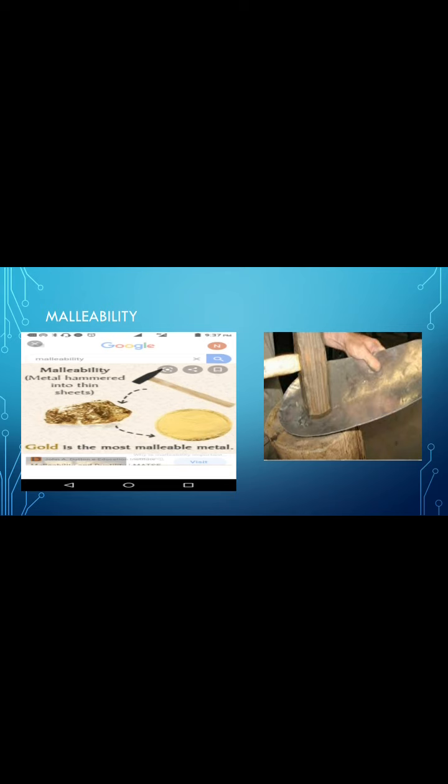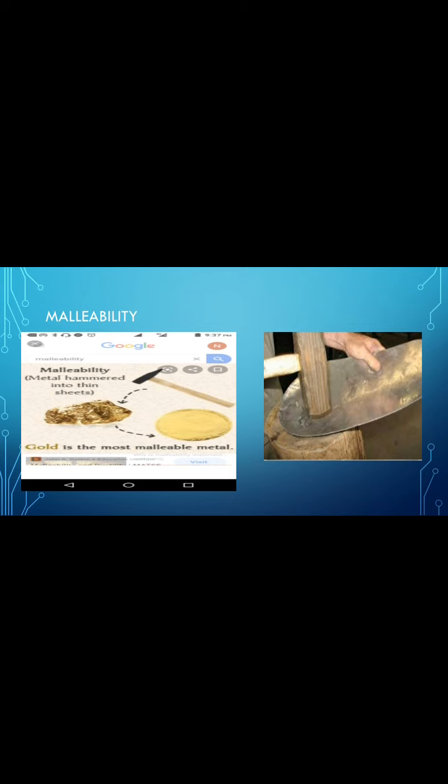Think of how a goldsmith makes jewelry. From a small piece of gold, he can make a beautiful design of jewelry.